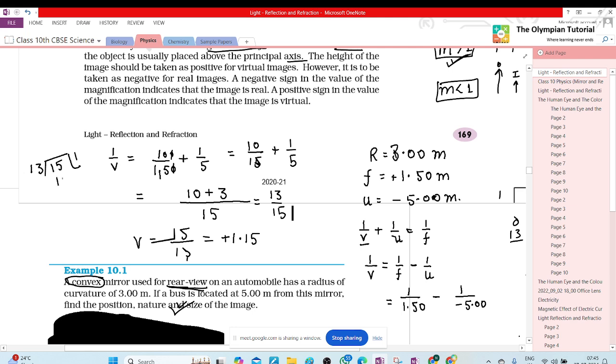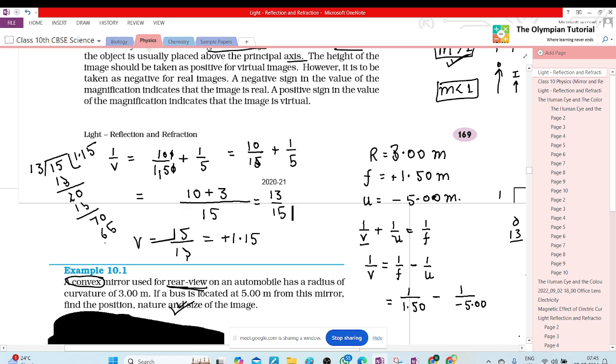13 ones are 13. 15 minus 13 will give you 2. Two point 0. 13 ones are 13. Subtraction of 12 and 13 will give you 7. 13 fives are 65.